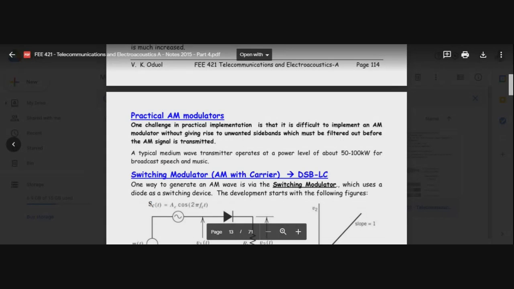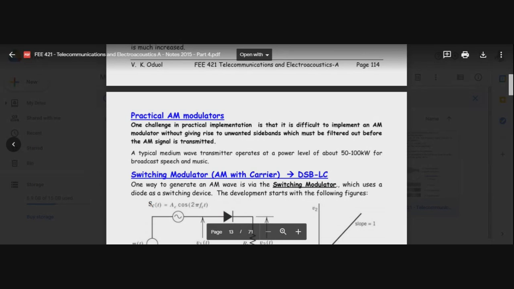So even though the M in AM is modulation, we can talk about an AM modulator. And later on, we'll be talking about an FM modulator, even though the M there again is modulation. So it's like we're repeating ourselves, but in this business, it's understood.